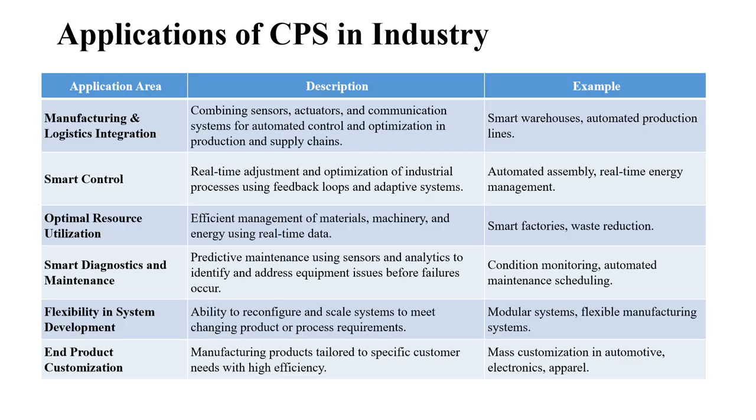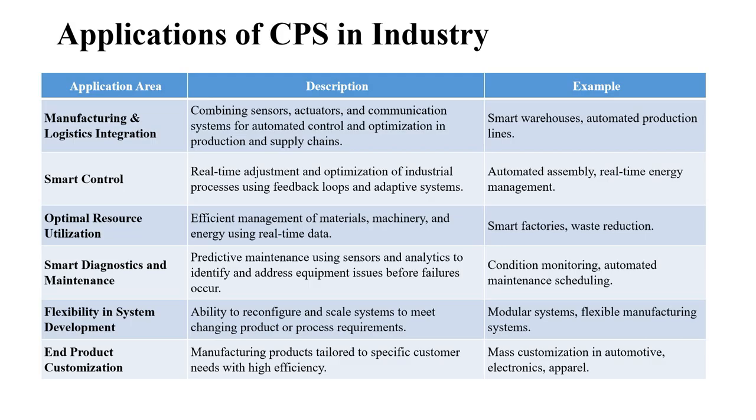And here the examples are automated assembly, then real-time energy management. So in real-time energy management, these smart control systems can optimize energy usage in industrial plants by automatically adjusting the lighting, heating and cooling in response to production needs.